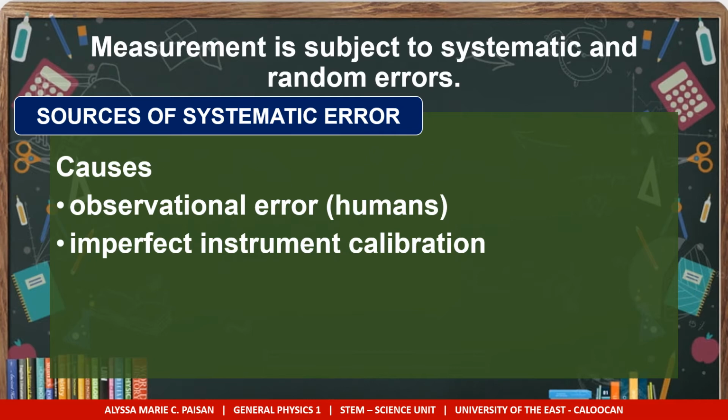So instead of a certain specific reading, he was able to see or measure a different reading, no? Or it can be imperfect instrument calibration, meaning there is something wrong with the way you calibrate your measuring device.